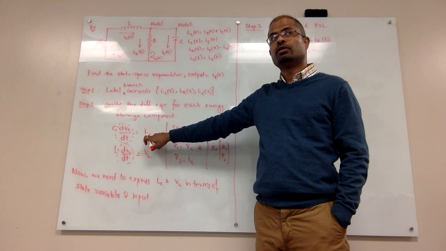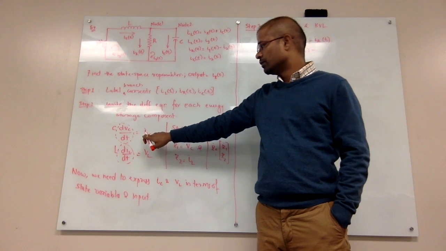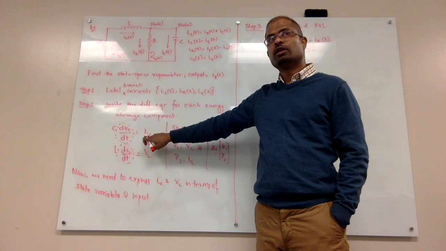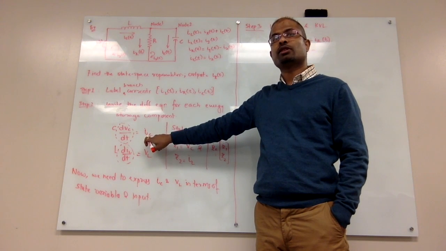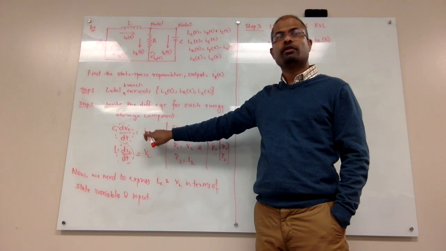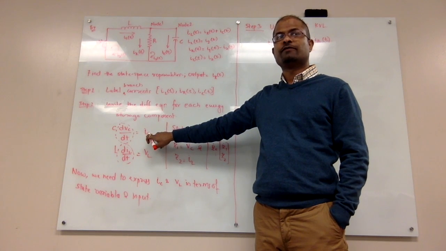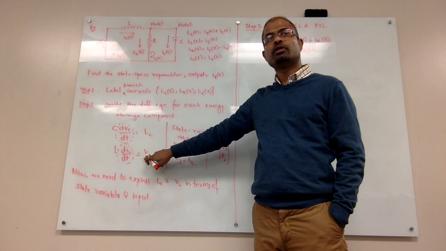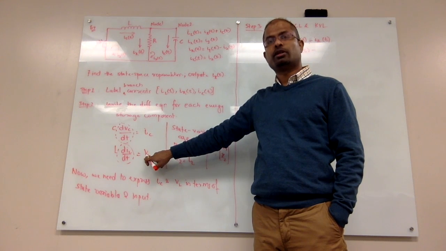Okay? So this is expressed in terms of capacitors. Everything has to be expressed in differential form. This is the differential form of Ohm's law for a capacitor. This is the differential form of Ohm's law for an inductor.